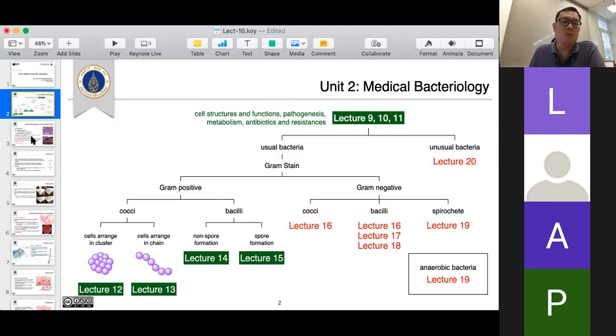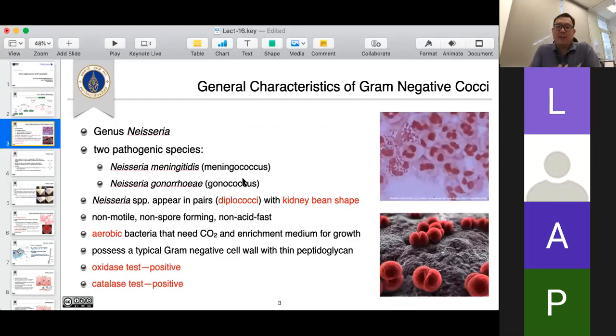Cocci is a small group. Gram-negative cocci that's important for human pathogen has one genus called Neisseria, okay? Neisseria, that's important to human pathogen, has only two species. One is Neisseria meningitidis, which causes meningitis.